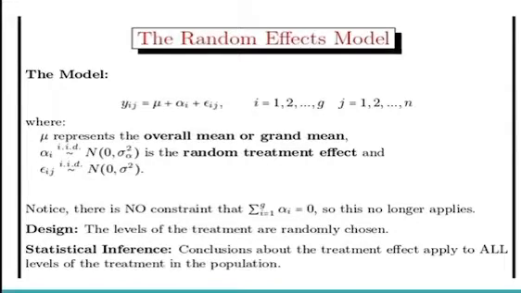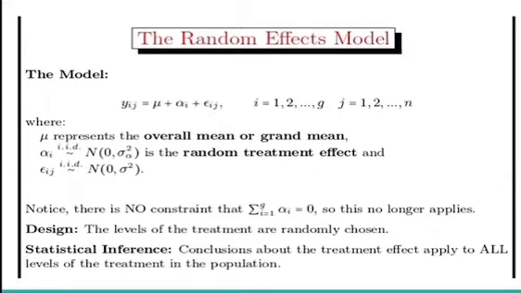Even though we specify the same model for one-way fixed effect and for random effect, the difference is that alpha i follows a normal distribution with a mean of 0 and variance sigma squared alpha, and e_ij follows a normal distribution with a mean of 0 and variance sigma squared. So the difference between the fixed effect and the random effect here is that in the fixed effect, the treatment effect does not follow any distribution.